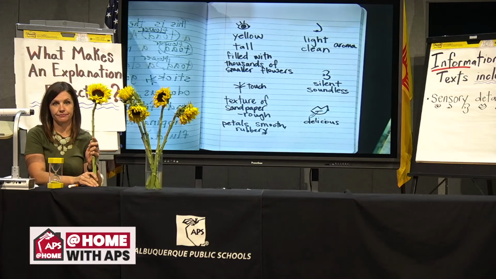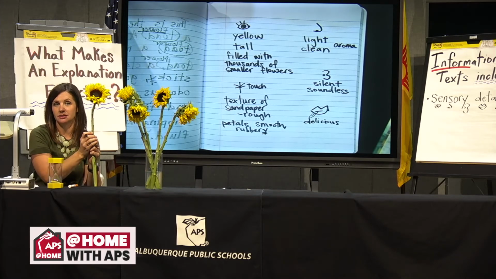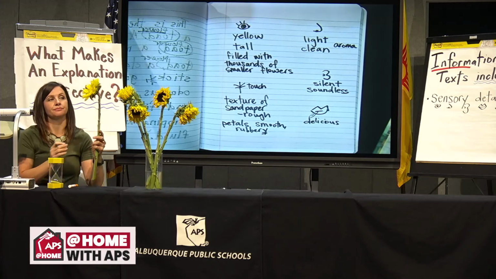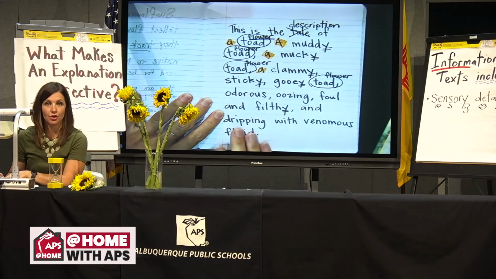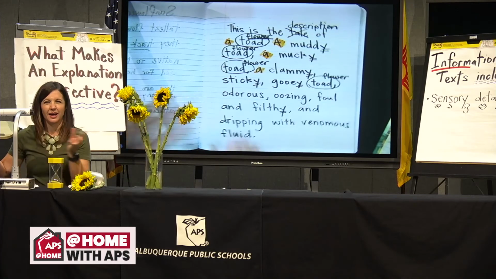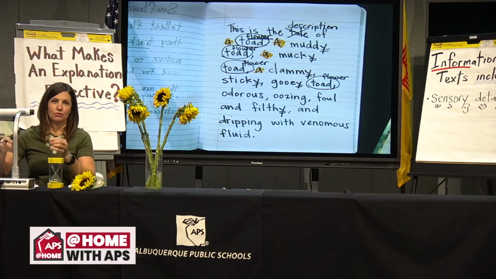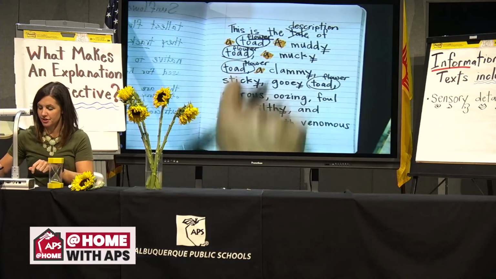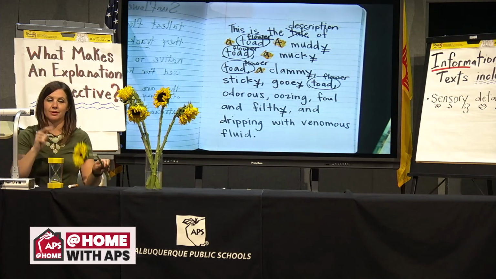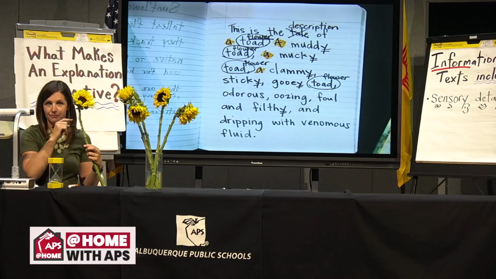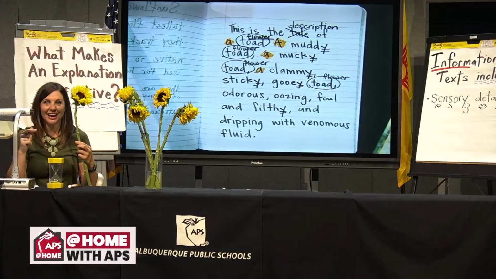Alrighty, friends. Now I need to write my explanation. I'm going to use my mentor text, Toad by Ruth Brown. I'm going to substitute or exchange some of her words for words to describe my sunflower. So I already had some ideas.